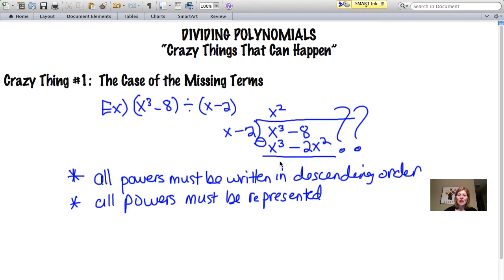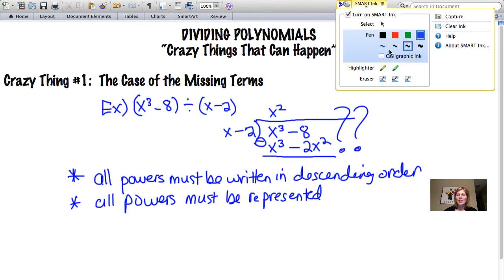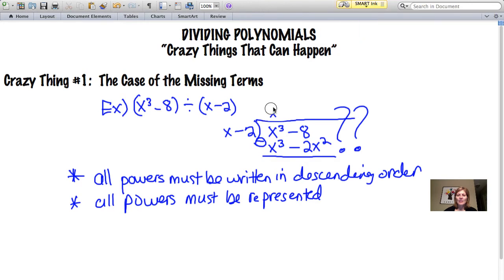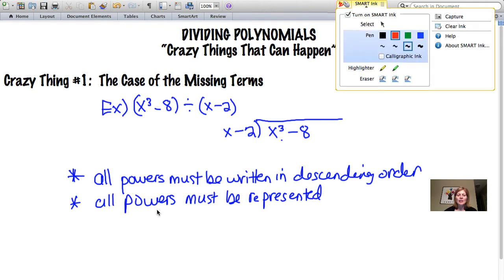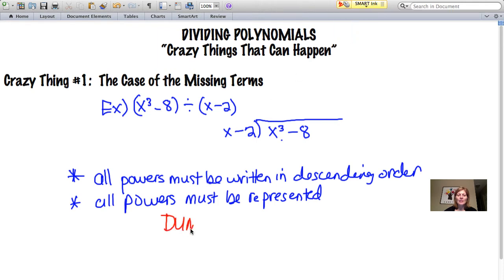Okay, so let's tackle this question again. So I'm going to go up and erase what we have here. There we go. And what we need to do is include dummy terms. They're just placeholders where there are missing terms.